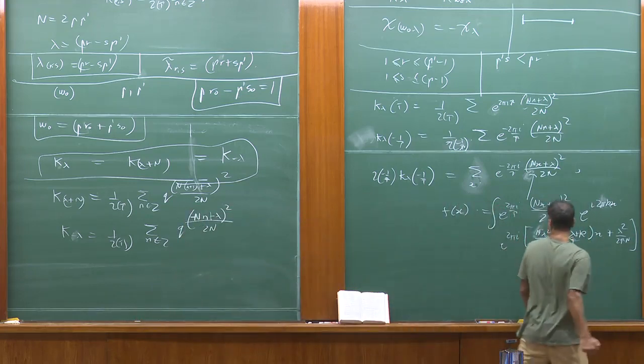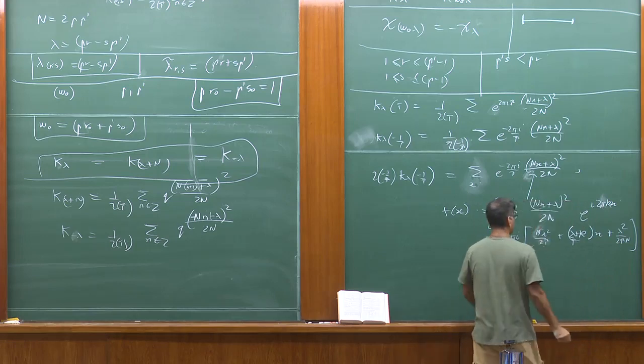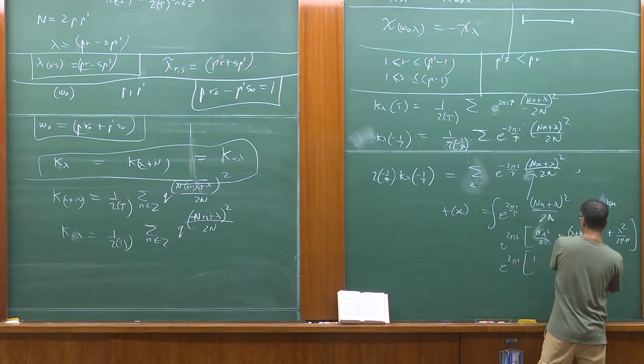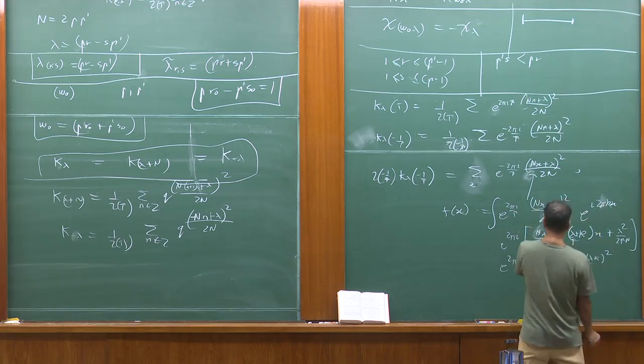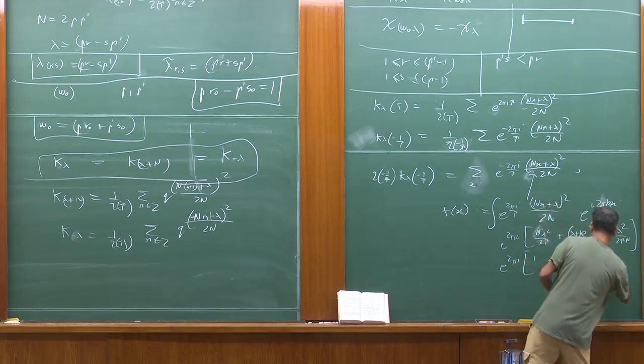Now we complete the square. We write this as e to the power 2 pi i into, in order to complete the square, I will add and subtract lambda k square by 2 tau n.